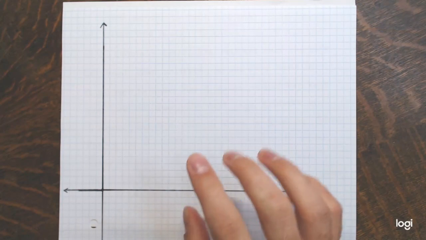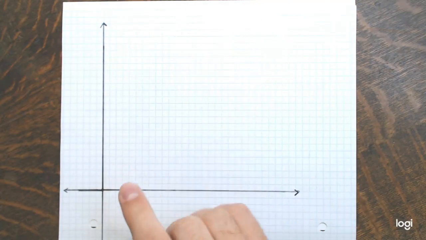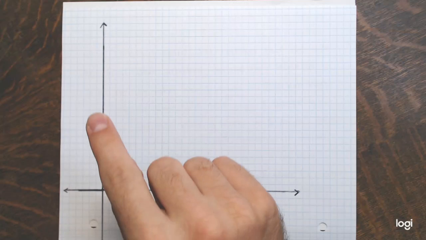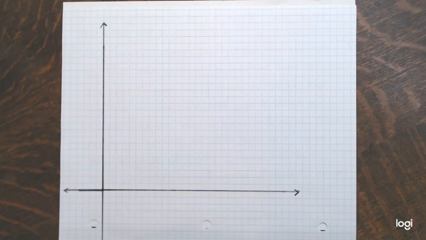Notice how I have the bulk of it in the upper right quadrant, where the horizontal axis has positive values and the vertical axis has positive values. The reason I made it this way is because we're talking about distance from Clara's house, and having negative distances doesn't make any sense. And also we're talking about time.